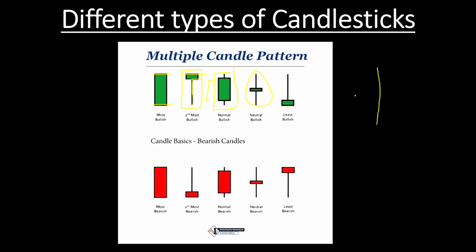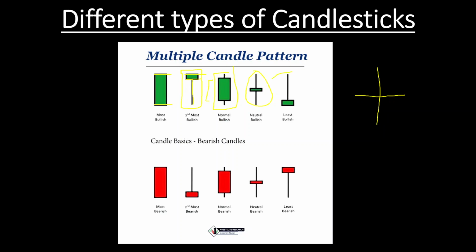A doji is more literally the same opening and close, but this is like an indecision candle. We don't really know what the market wants. Even though the candle is green here, it still represents indecision in the market. We don't know whether buyers are in control or sellers.